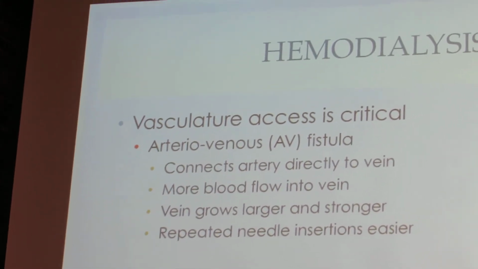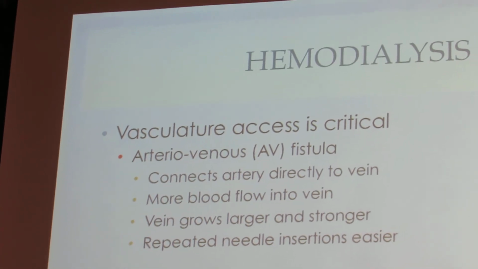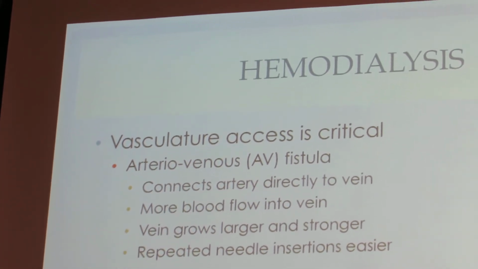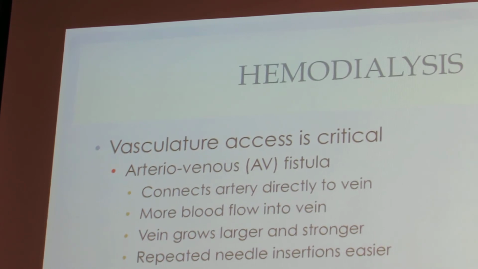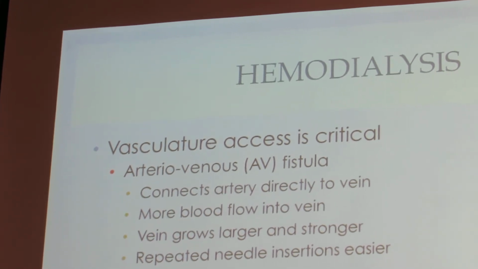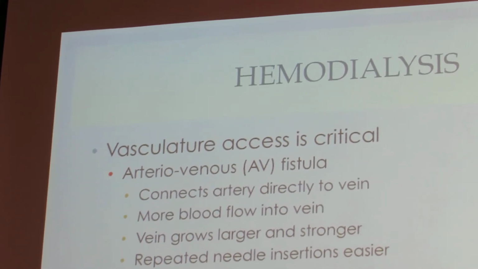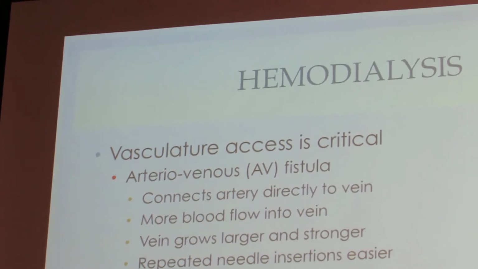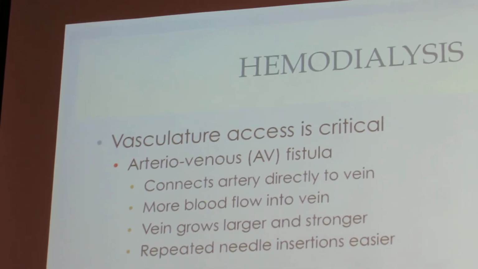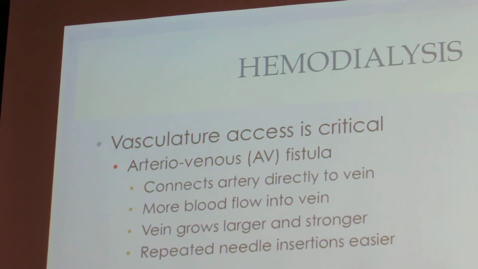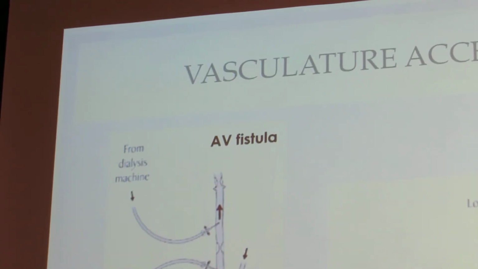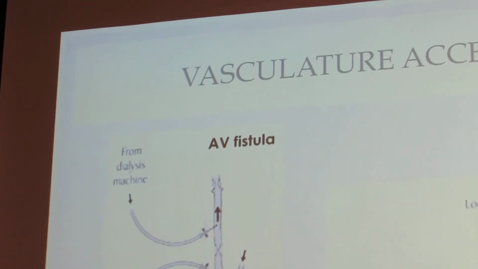Also, ideally, you want it in a vein because it's deoxygenated blood and it's already going to go on through your tissues. So you're going to actually remodel the vasculature, and it's going to be thicker than an artery, something you can poke consistently throughout the years.